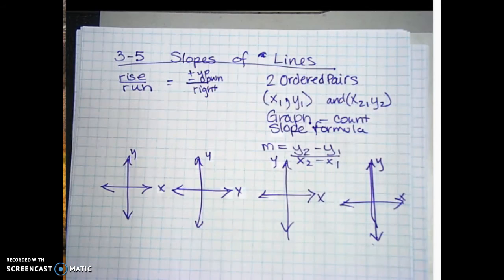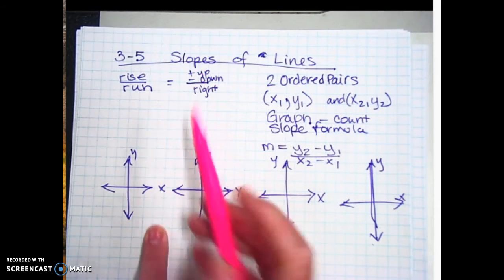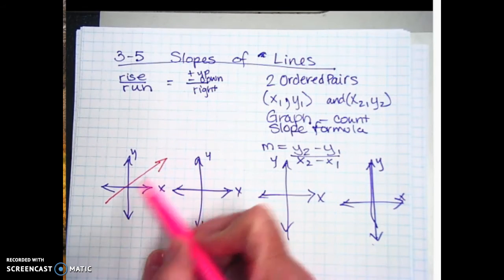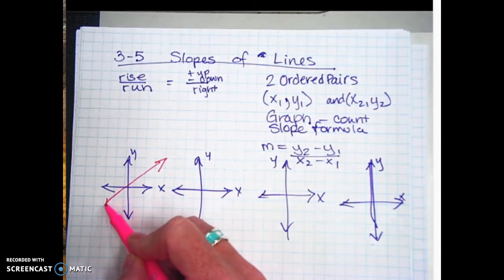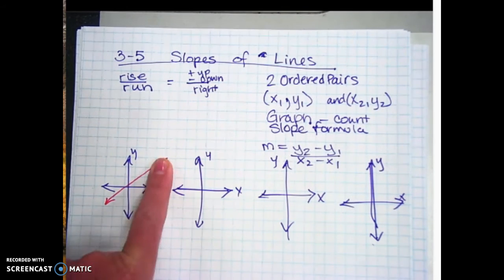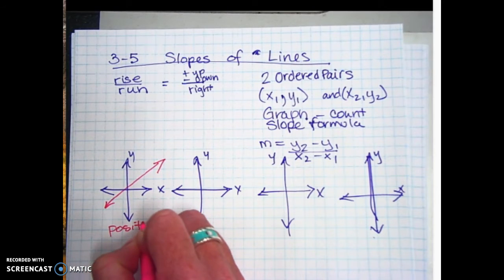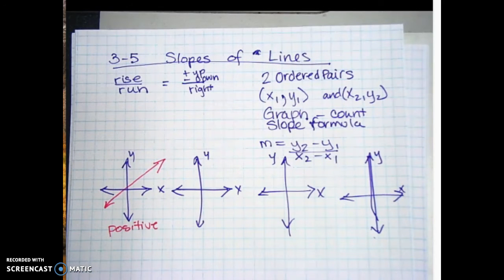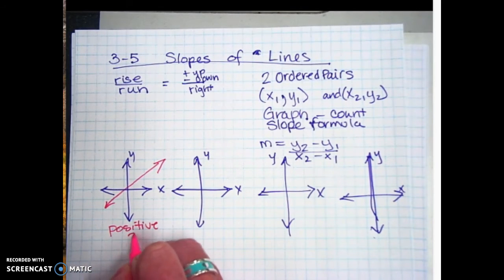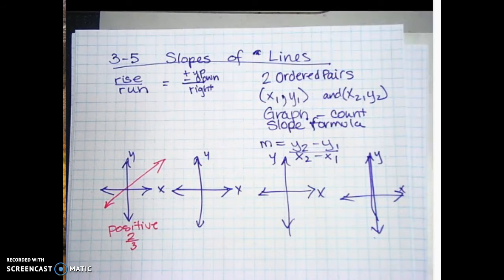Okay? So when you have 2 points, you graph them, you get a slope. There are 4 basic types of slope. So, like I told you right here, if it's going up from left to right, so there's your line, that's a positive slope. And you'll end up having 2 positive numbers, something like 2/3.